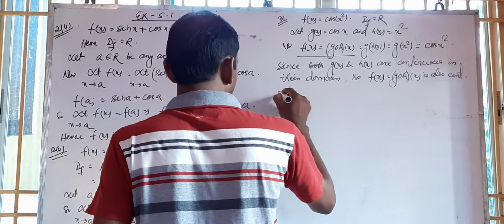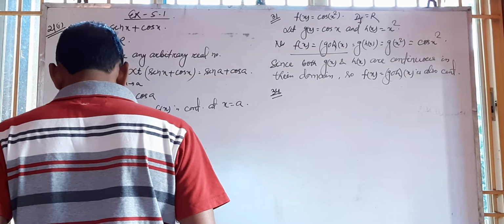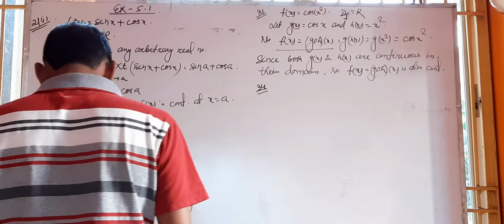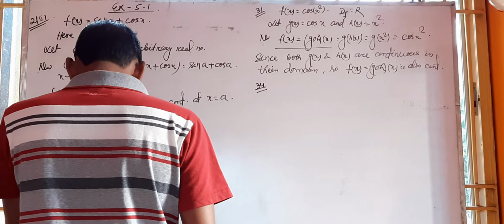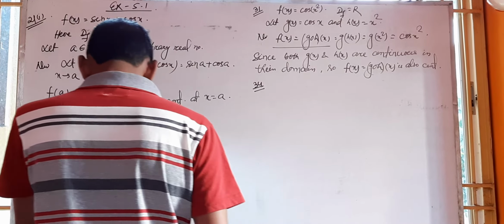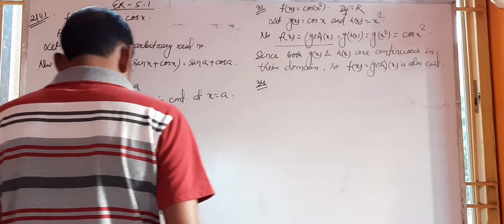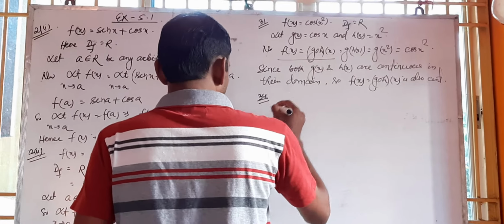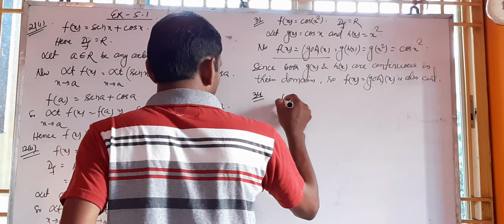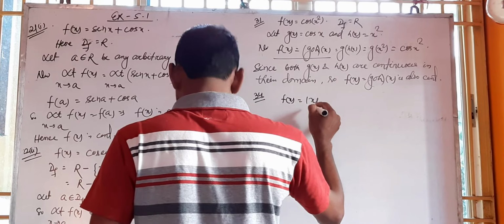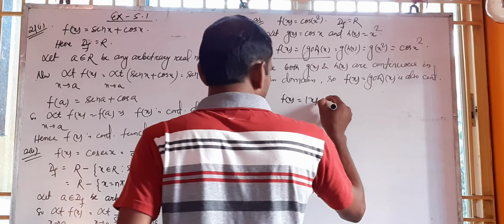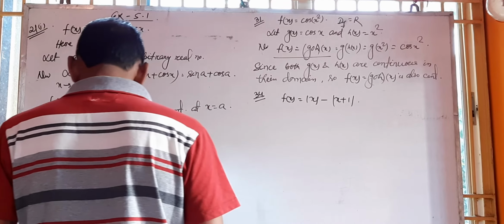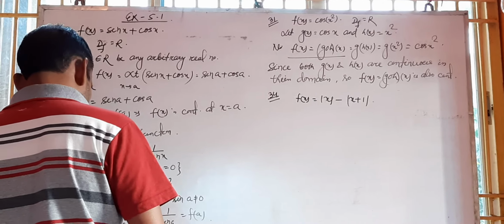Now question number 34. Question number 34 is, find all the points of discontinuity of f defined by f of x equal to modulus of x minus modulus of x plus 1. Here we will find all the points of discontinuity.